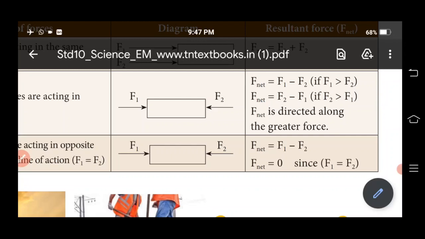Here we calculate the net force. F net equals F1 minus F2. Two forces are equal, so F net equals 0. In the bracket they given F1 equal to F2. So the net force we are getting is 0.